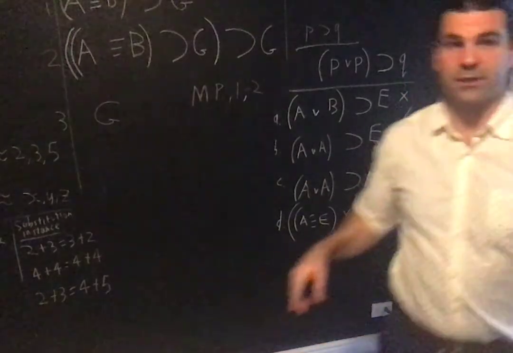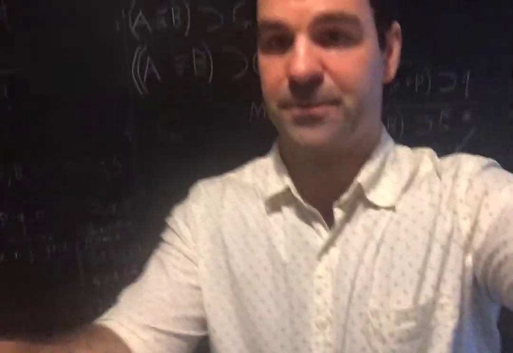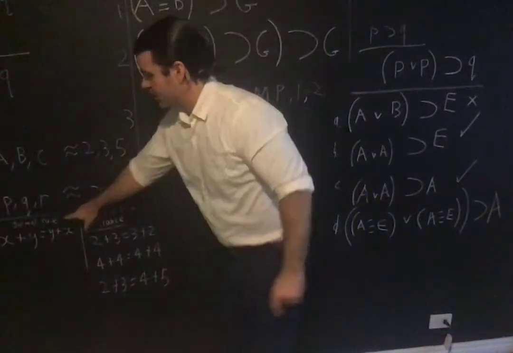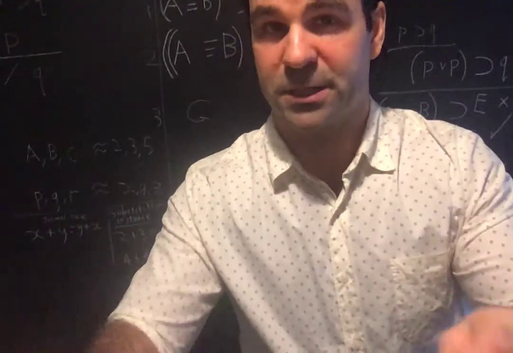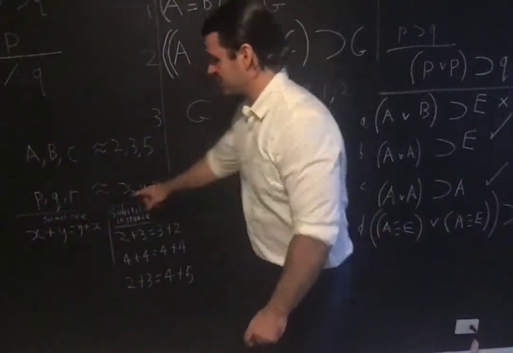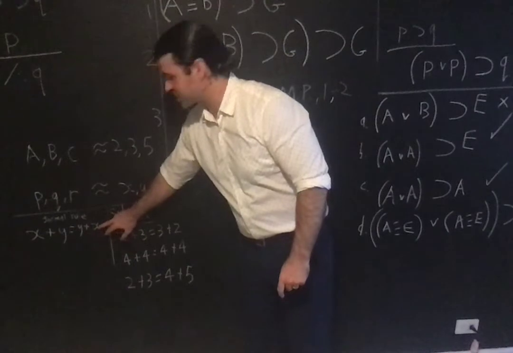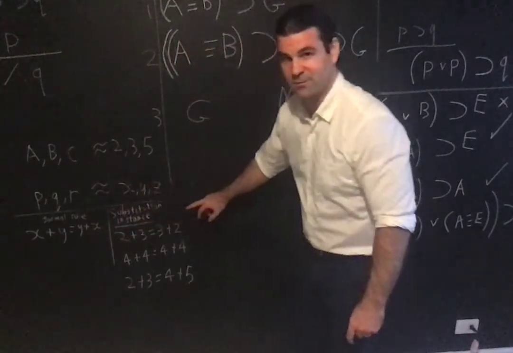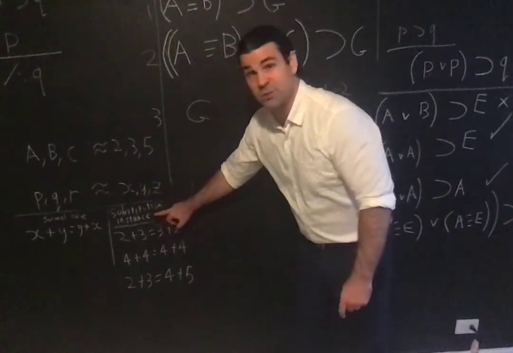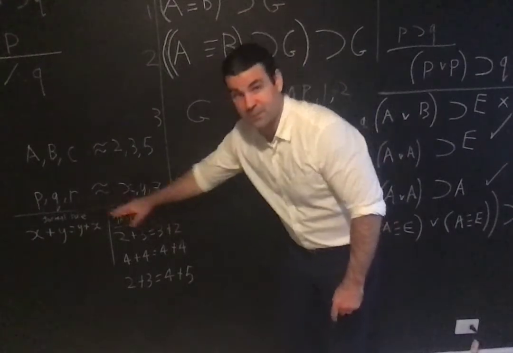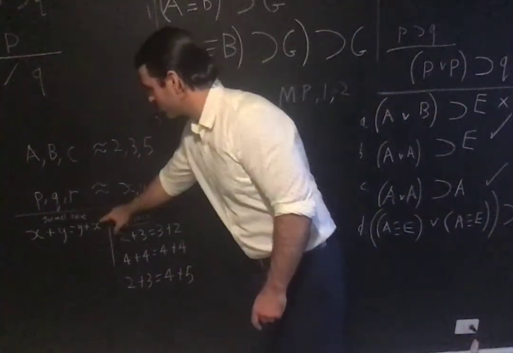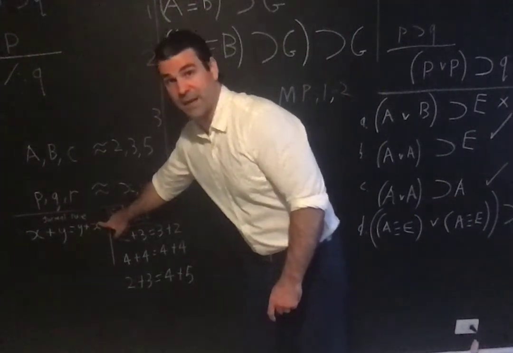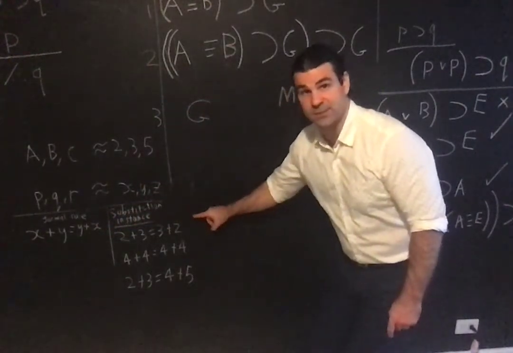See how that's analogous to algebra? So look over here. Here's an algebraic rule: x plus y equals y plus x, or associativity. Substitution instances of that rule. The analogy is the relation between algebraic rules like that and particular numerical sentences.